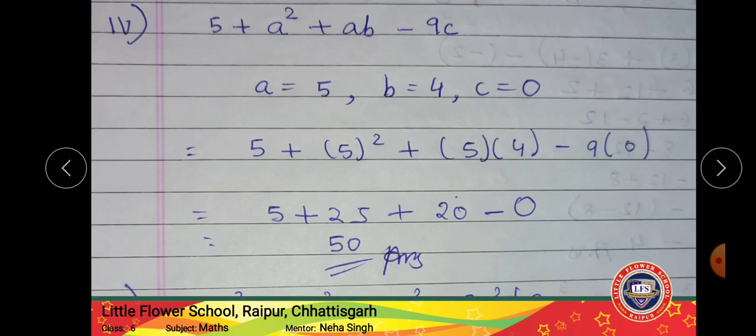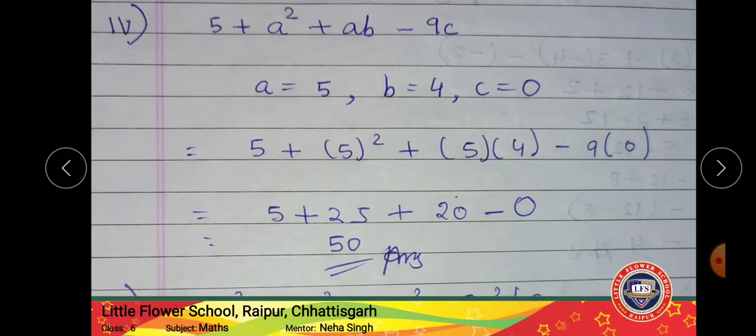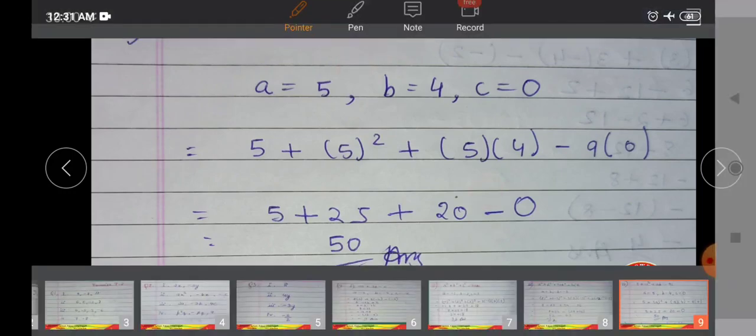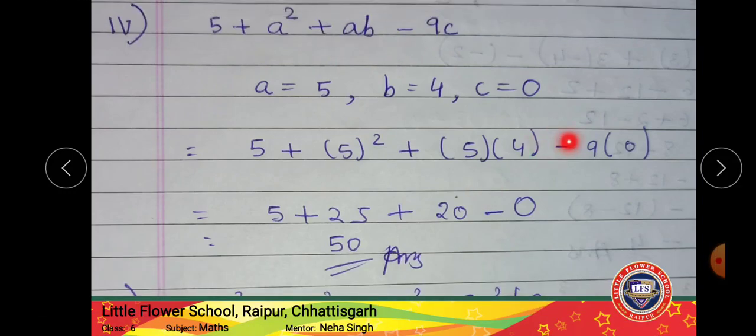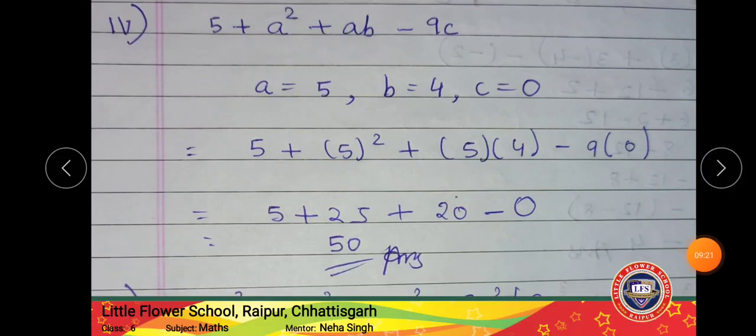So let us see how we can solve this. 5 plus 5 square, since it is a square, the value of a is 5, 5 square plus ab, 5 into 4, minus 9c, c is 0, so minus 9 into 0. 5 5s are 25, 25 plus 5 is 30, 30 plus 20, 50, so the answer is 50. This will be 0 because 0 multiplied with any number is 0 itself, okay? So the answer is 50.